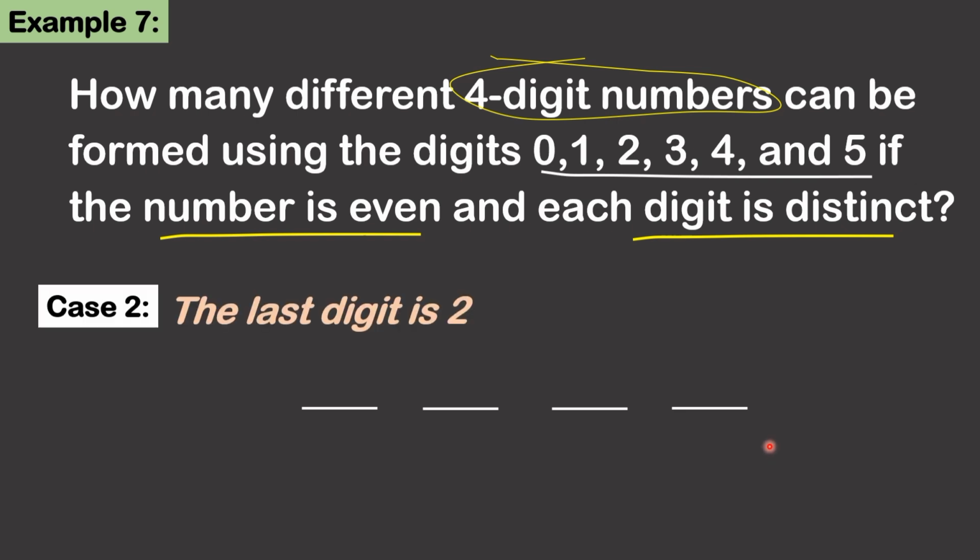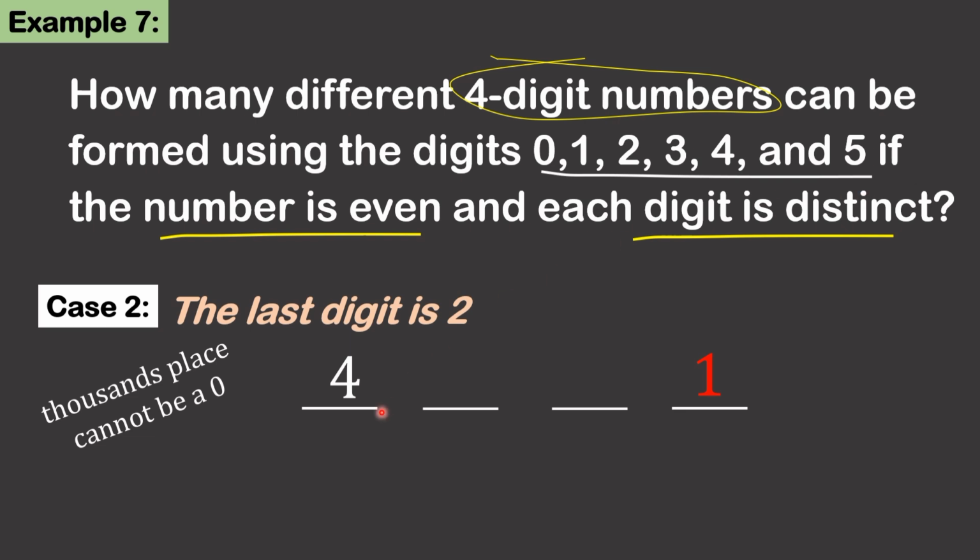Case 2, the last digit is 2. It is fixed. There is only one choice for this. Going back to the first digit, each digit is distinct and 0 cannot be the first digit. So there are 4 choices for the first digit, that is 1, 3, 4, and 5.